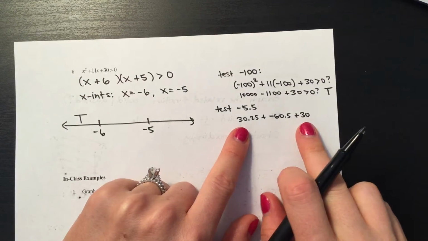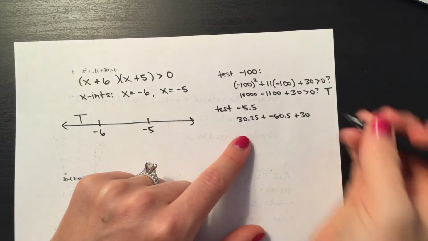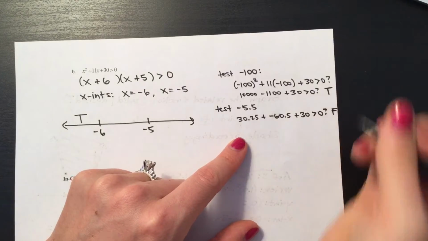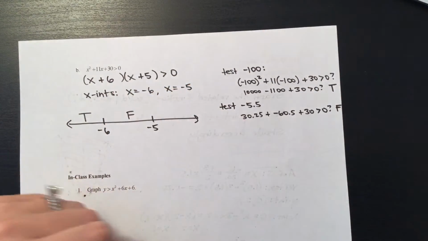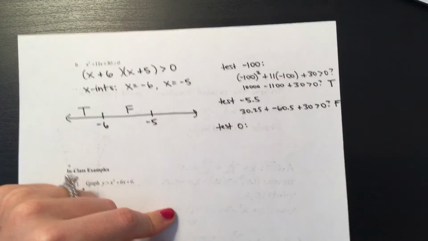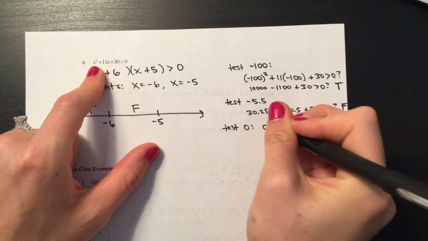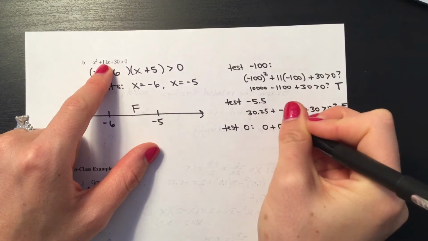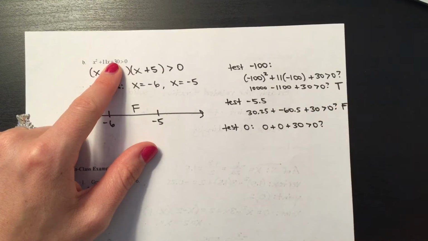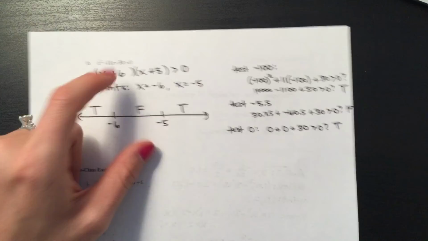When I add these two together, I get 60.25, and this negative number is just barely bigger. So no, this is not going to be greater than 0. That will come out false. And finally, something bigger than -5, let's go 0. Always take 0 whenever you can. So 0 plus 0 plus 30, is that greater than 0? Yes, 30 is definitely greater than 0. So this comes out true.